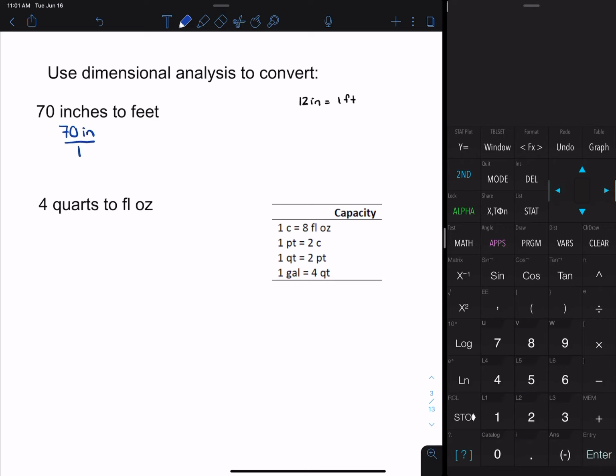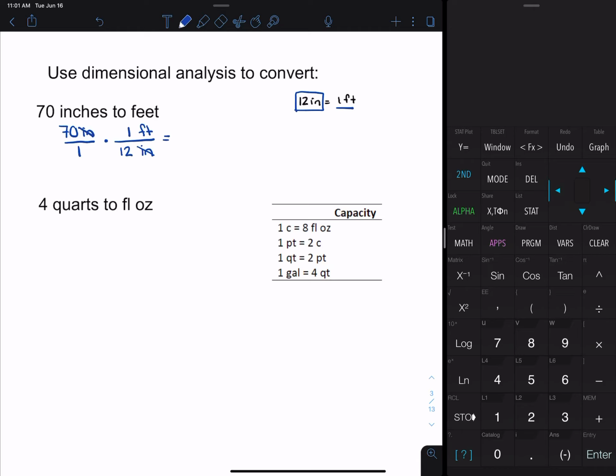And I need to multiply it to cancel out those inches to get to feet. So if I do that, I know I'm going to want inches in the denominator, so the inches will cancel out, and feet up in the numerator. So it was 12 inches, so I'm going to put the 12 attached to the inches, equals 1 foot, so I'll put that 1 foot up top.